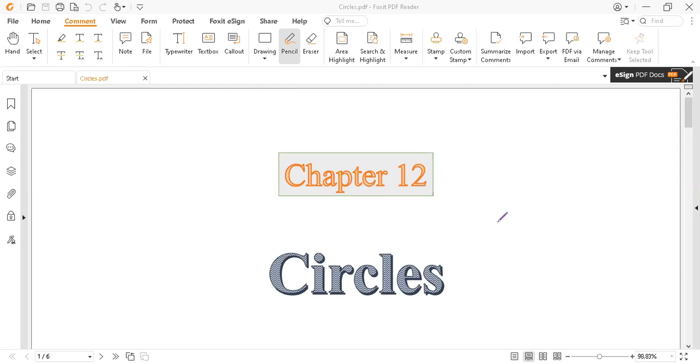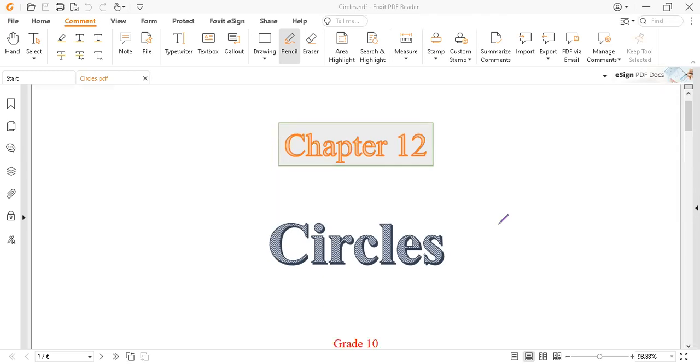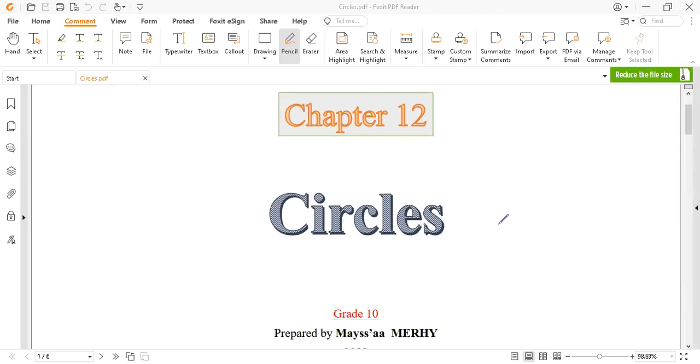Today we are going to talk about circles. At this level, we should know the equations: how to construct an equation of a circle with a given center and radius, and how to find the radius from a given equation.